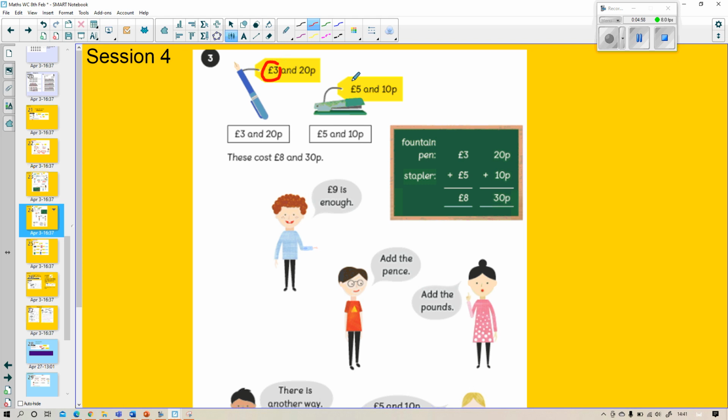Let's look at the pounds first. £5 and £3, 5 and 3, £8. Now let's look at the pence. 20 pence and 10 pence, 30 pence. £8 and 30 pence. £9 is enough.